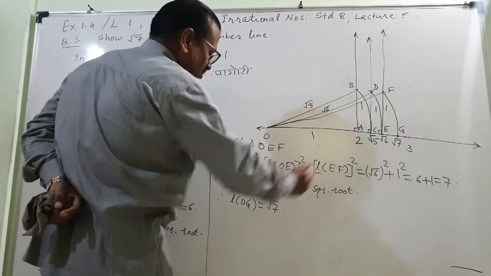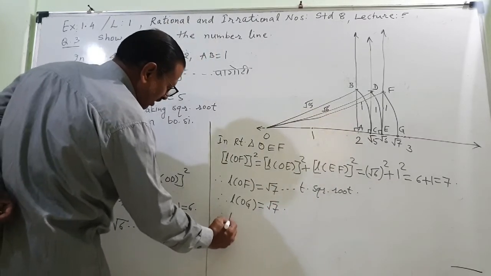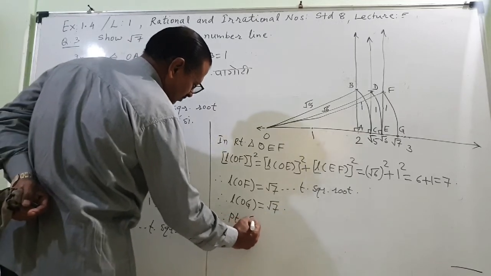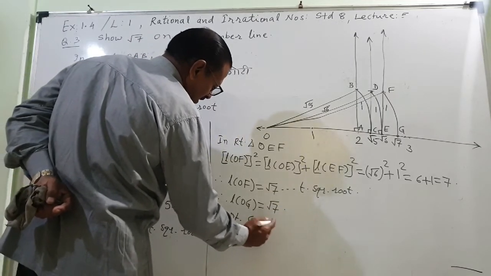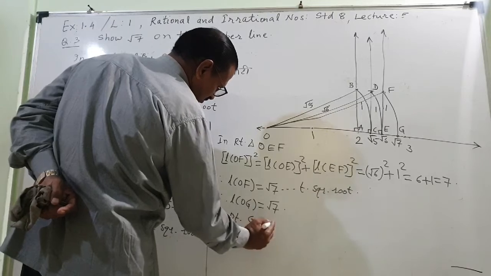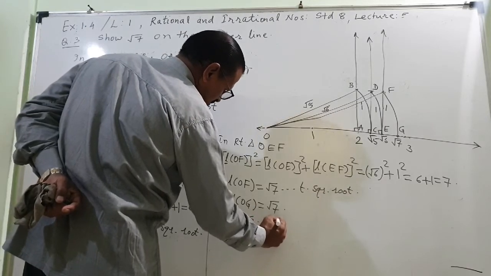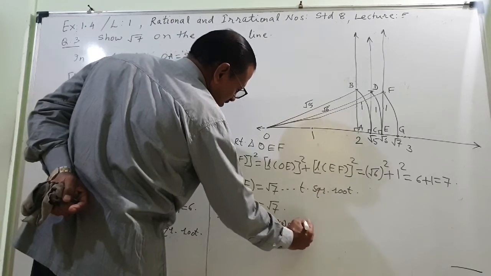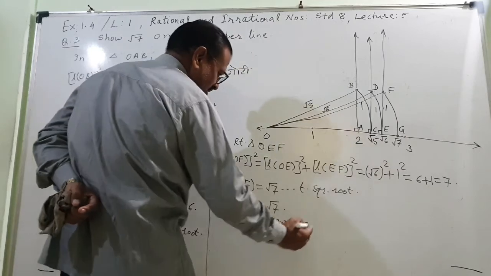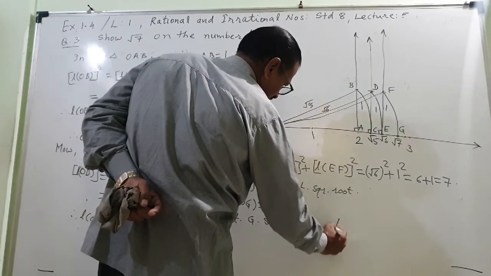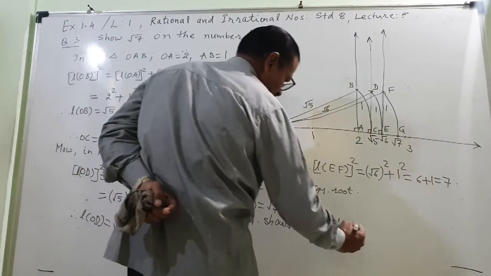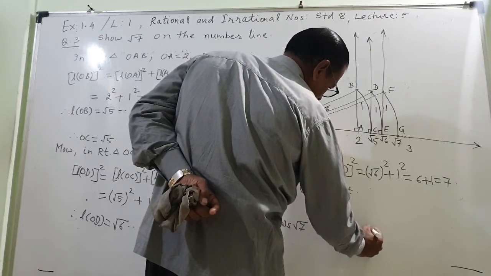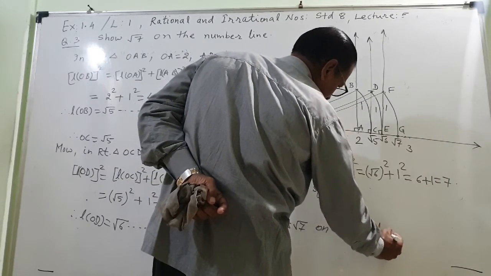If OG is root 7, therefore point G shows root 7 on the number line.